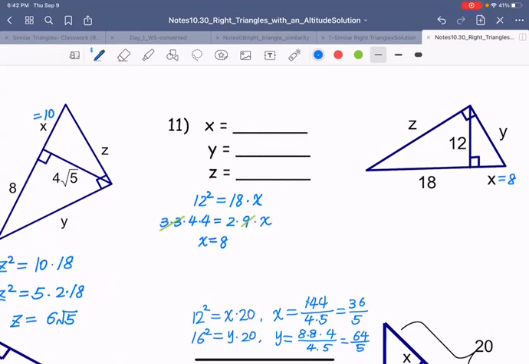Next, go ahead, do the y. Y is 12 times 8. You say y square. Oh yeah, sorry. Y squared is 12 times 8?